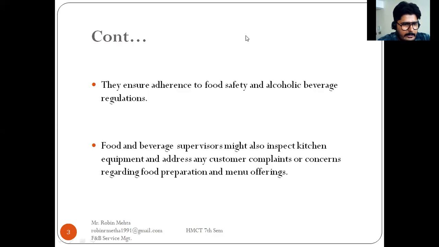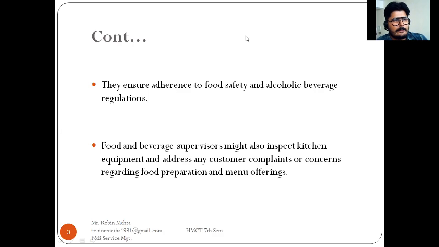And next are concerns regarding food preparation and menu offerings. They may also discuss the food preparation with the guests. Okay, how would you like our food, what complaints do you have, or if any improvement is required, you may tell us or put it into our feedback form.